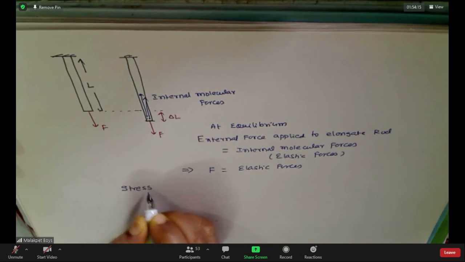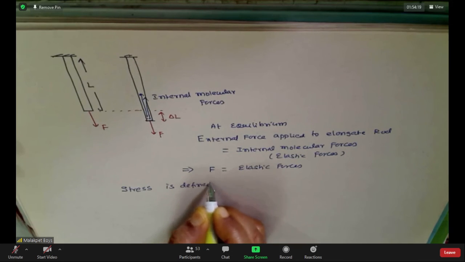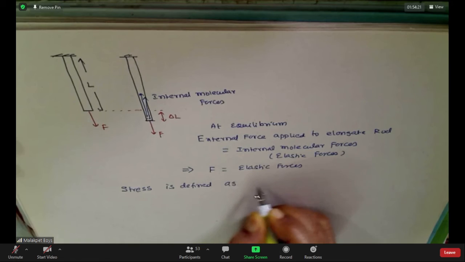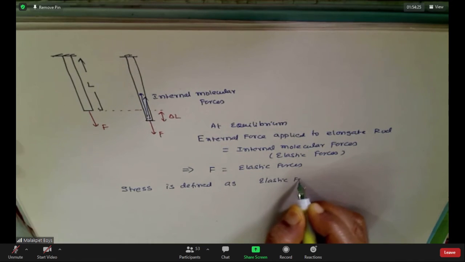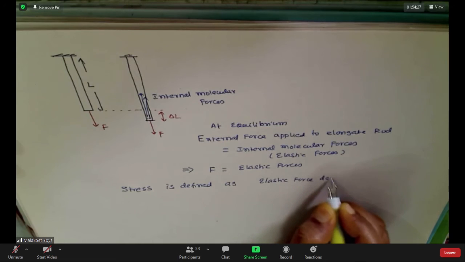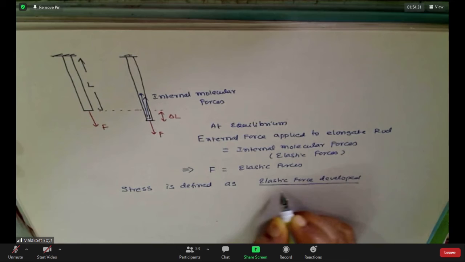Now stress is defined as force per unit area.